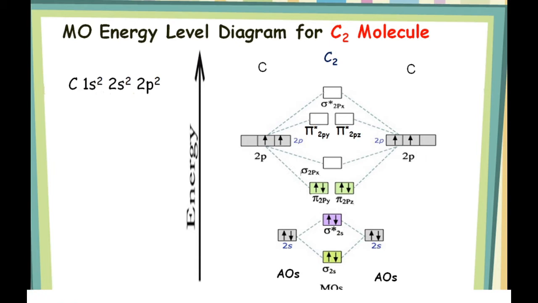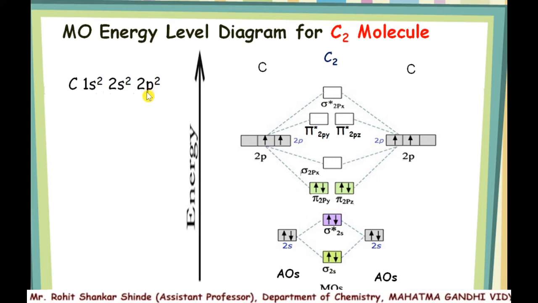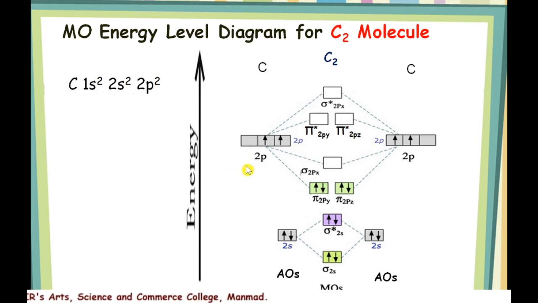Hence, the 1s orbital remains as a non-bonding orbital. Only the 2s and 2p orbitals with their electrons take part in bonding. The two 2s and six 2p orbitals, that means a total of 8 atomic orbitals, form 8 molecular orbitals.